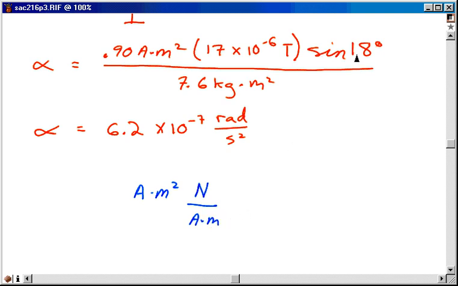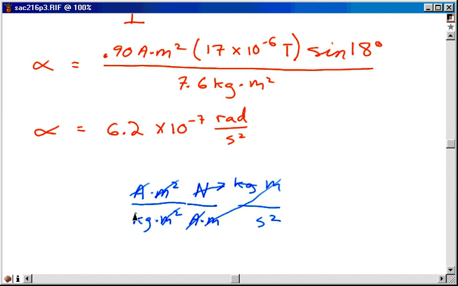And then this is a pure number, and I've got kilogram meters squared in the denominator there. So let's see, the amperes cancel out. These meters squared cancel out. And a Newton is a kilogram meter per second squared. So these meters cancel out, and now the kilograms cancel out. I'm left with just 1 over second squared.